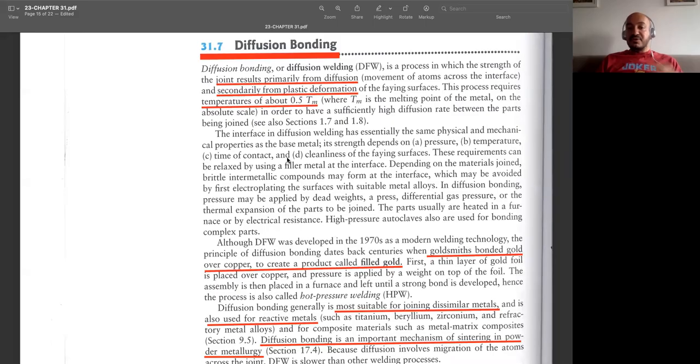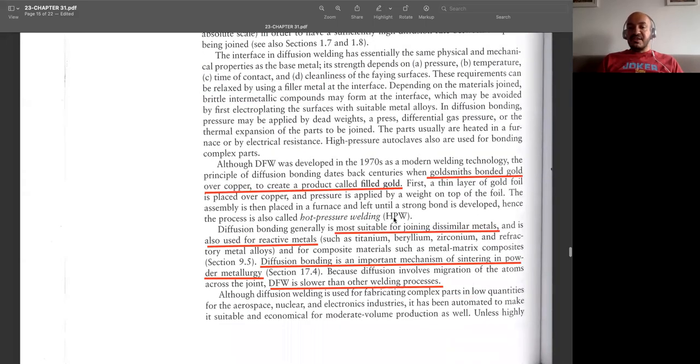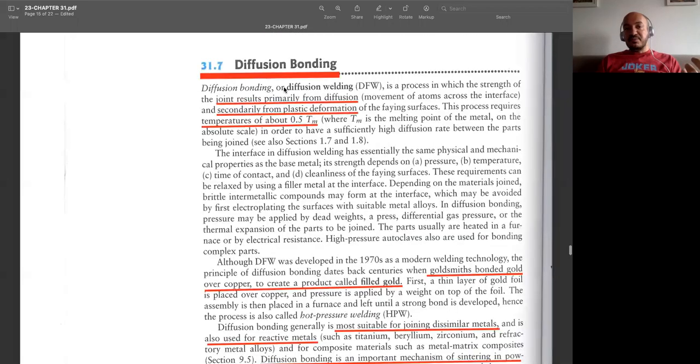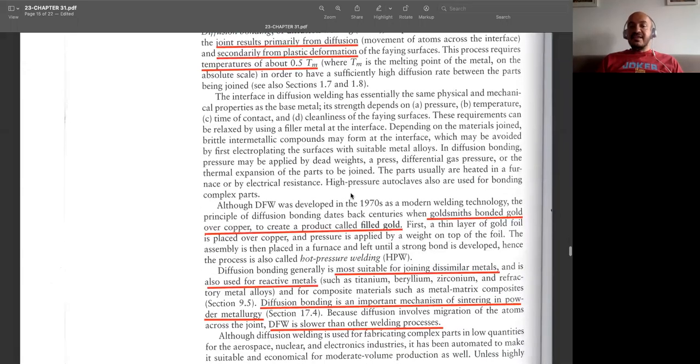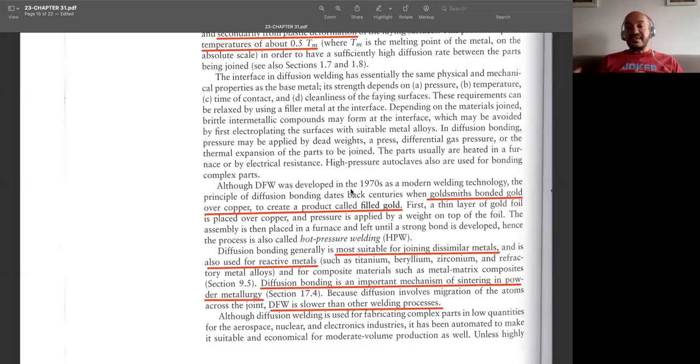And that is mostly utilized for dissimilar metals. If you remember our previous discussion, we said that we prefer to join similar materials together with other welding processes. But for diffusion bonding, that is not the case. We can easily join some dissimilar metals.